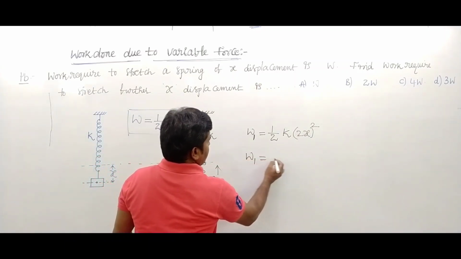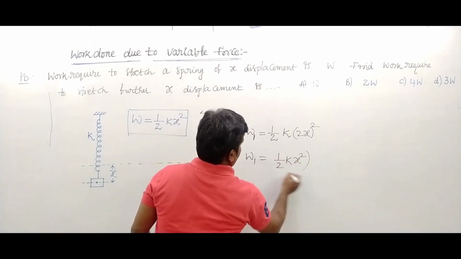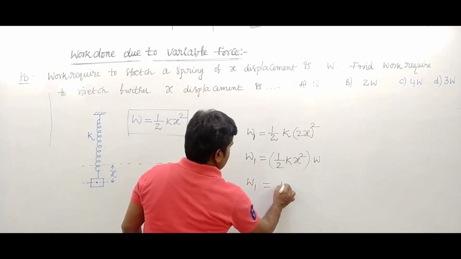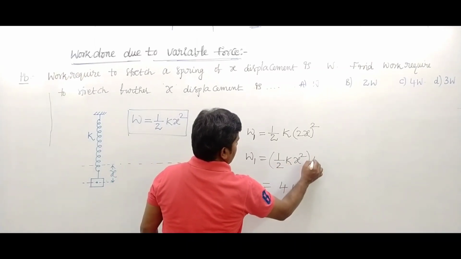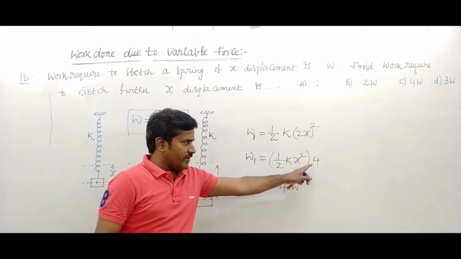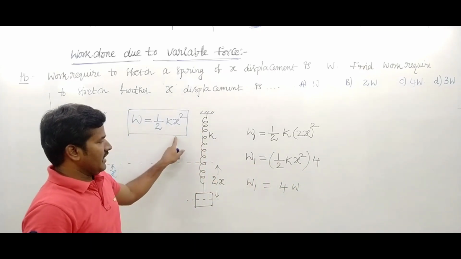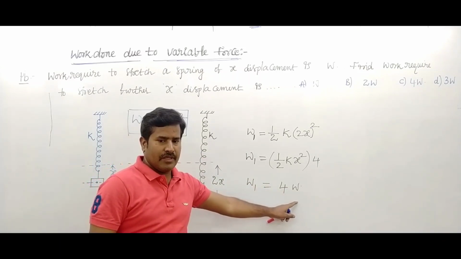Its value becomes half Kx square into 4. Half Kx square is W, so W1 equals 4W.